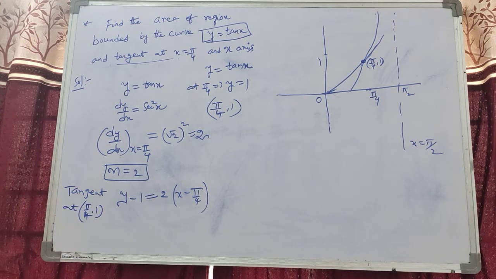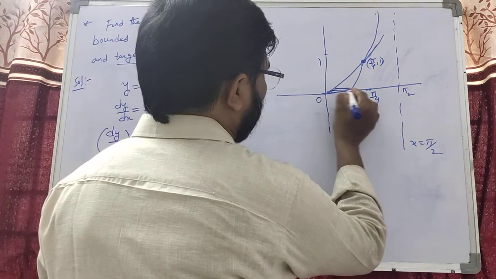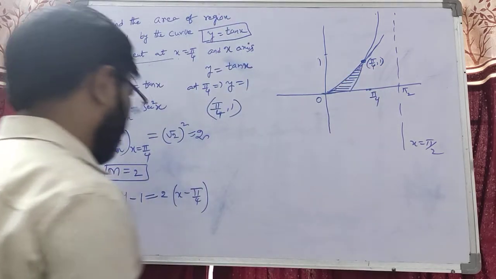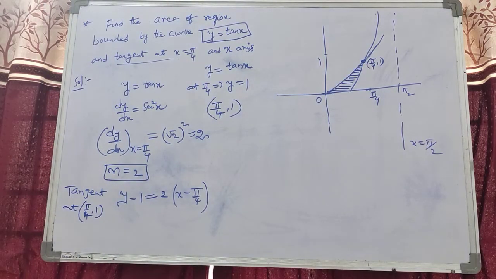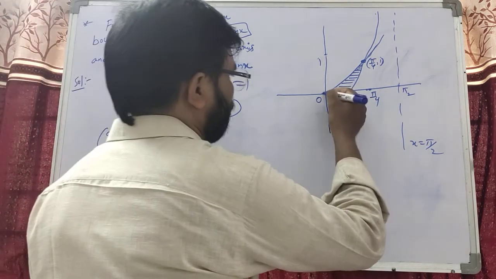So we can observe, students, when we take y equal to 0, here we have to find this region's area. So how to find this one? This is the area. We can observe here, students, first we have to find this one.